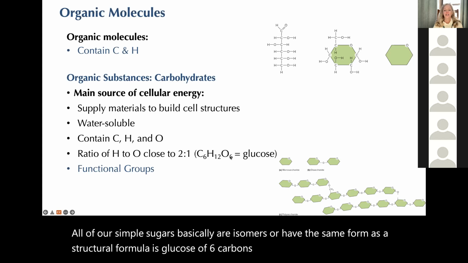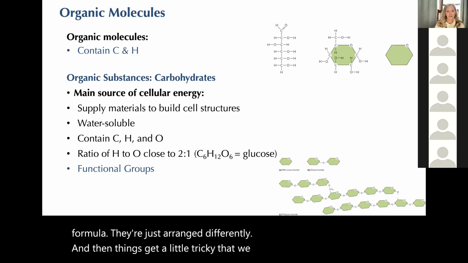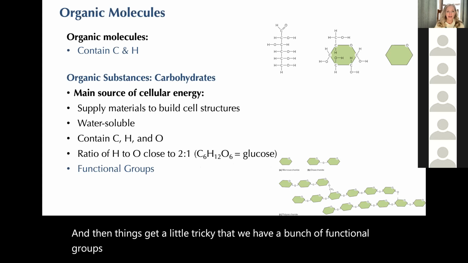So you'll see all those different monosaccharides have that same formula. They're just arranged differently. And then things get a little tricky, because we have a bunch of functional groups that can get added on to all these carbon chains.